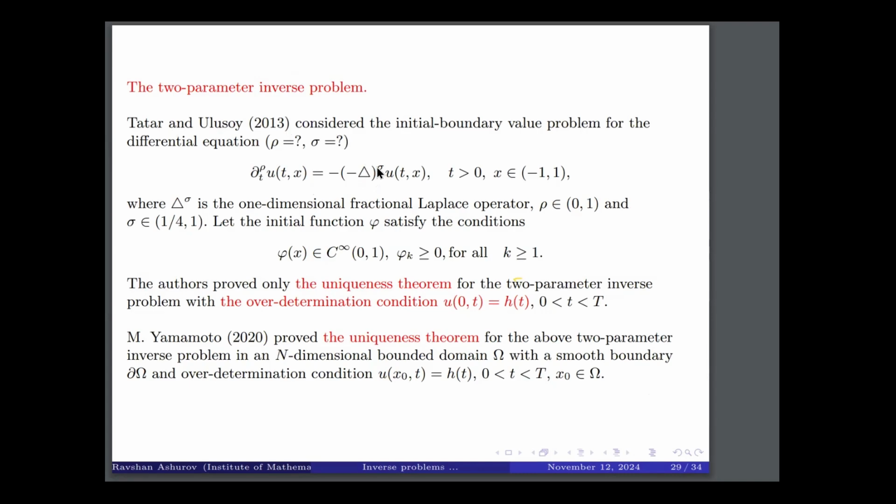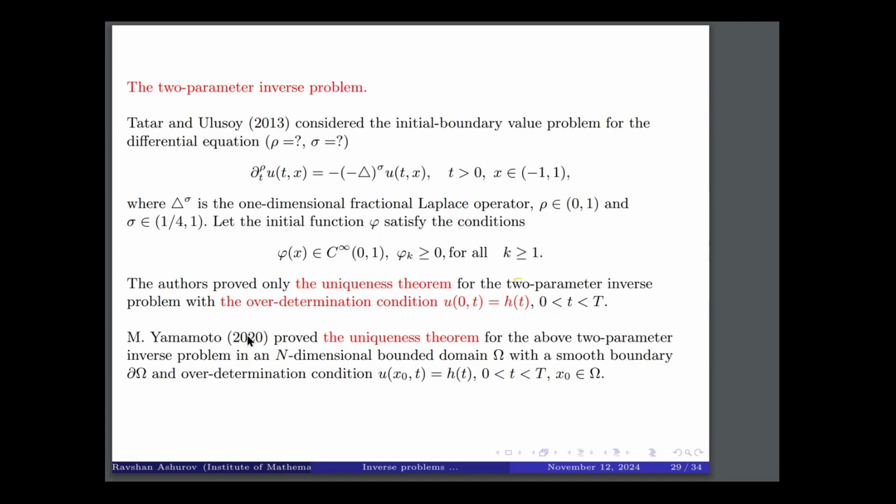And sigma here is between these two numbers. Rho is between 0 and 1. And they proved that if this initial function belongs to this, and this is a very strict condition, all Fourier coefficients must be non-negative, then the authors proved uniqueness of the solution of the inverse problem. So the inverse problem here has two unknowns, rho and sigma.